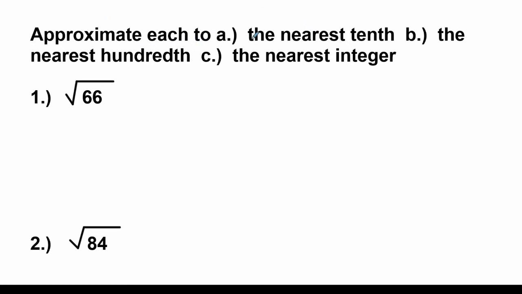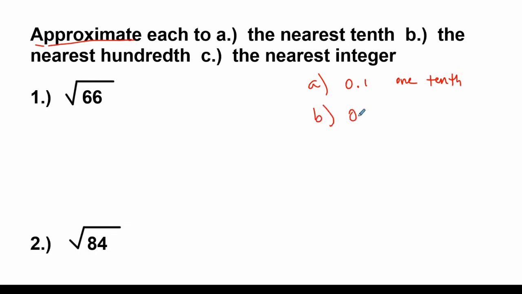Okay, so now we want to approximate, right? We're not going to have the perfect decimal for this, but we want to approximate it to the nearest tenth, the nearest hundredth, and the nearest integer. So let's remember our decimal places. The tenths, there's 1/10, so we're going out 1 decimal place.